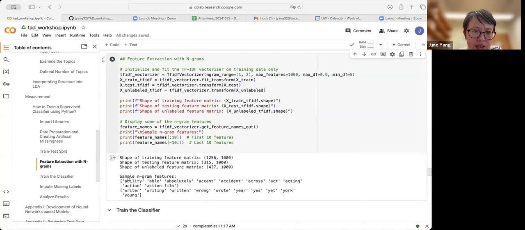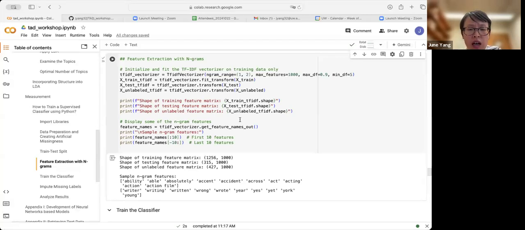So what are the predictors? These are some sample n-gram features: ability, able, absolutely. We're actually interested in learning whether this term, absolutely, and all these terms, give us a predicted probability of a certain document belonging to a positive review or a negative review.